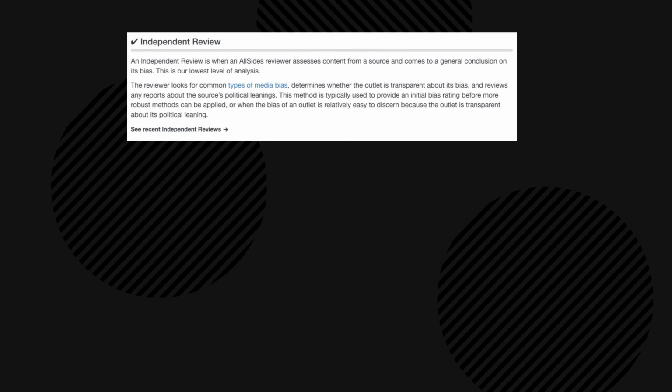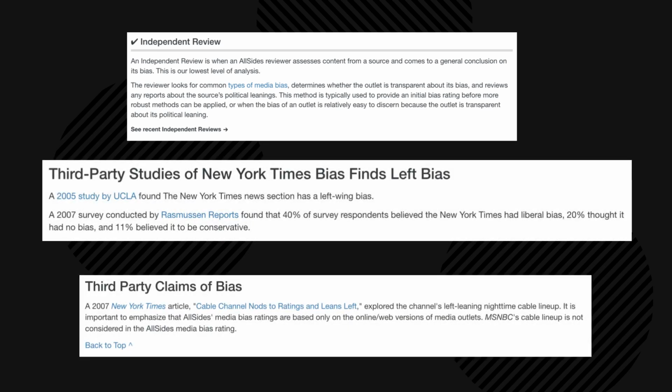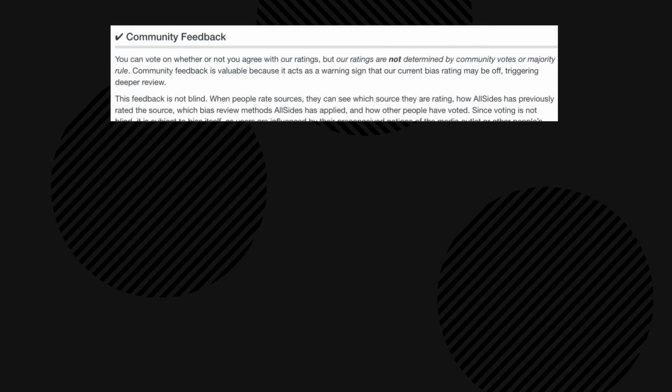First, an expert at AllSides conducts an independent review to give a kind of initial bias rating. Now, this takes into account all of the low-hanging fruit that's out there, like the academic studies and journalistic investigations that have already been done, and also just basic things like what the news website says about its own bias. Then comes community feedback.